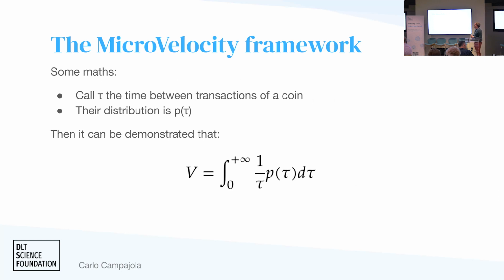Let's call this tau, and let's measure all these taus for all the coins. We end up with having a distribution of these taus, P of tau, and then you can show that the average velocity of money for all the coins in the economy is just this average of 1 over tau. So the inverse of the holding time is the frequency of transaction. You average it, you end up with the average velocity.